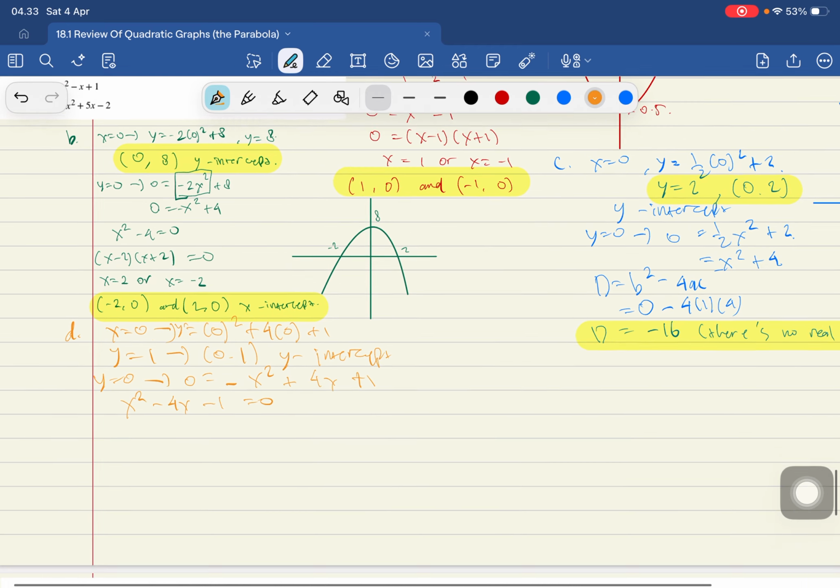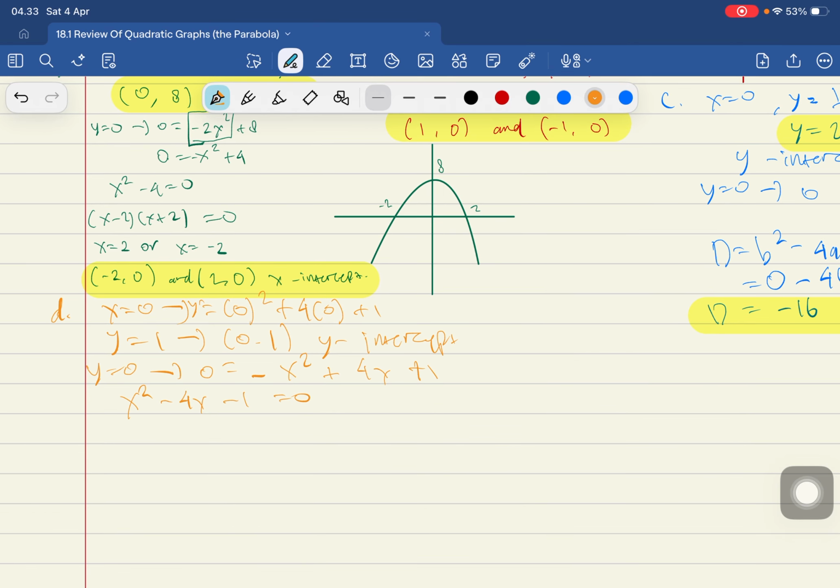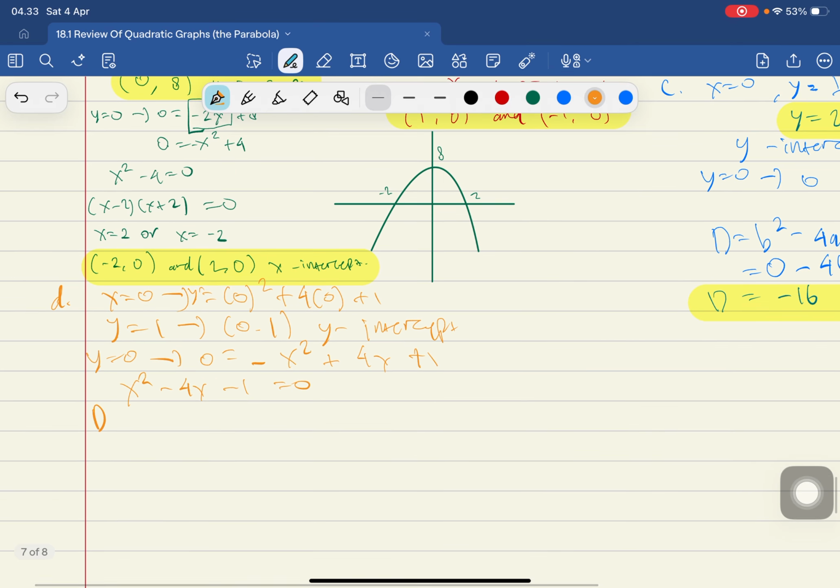We cannot factorize it, so let us check the discriminant to see if there are real roots, or x-intercepts. b squared minus 4ac, b is minus 4. So minus 4 squared minus 4 times 1 times negative 1. Here is 16 plus 4. So here is 20.